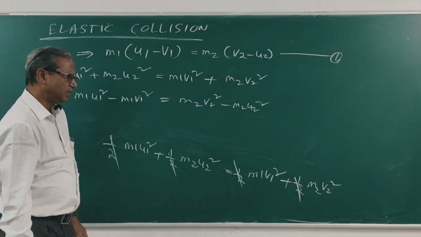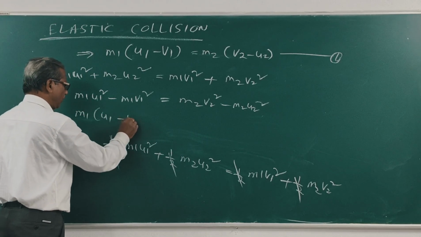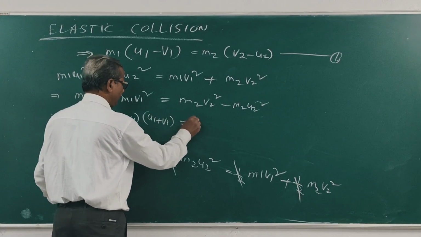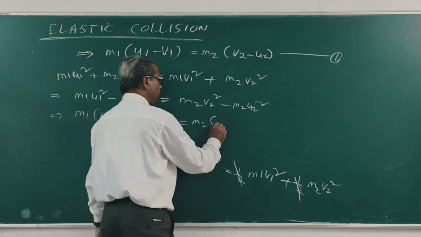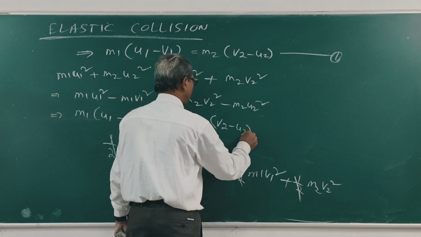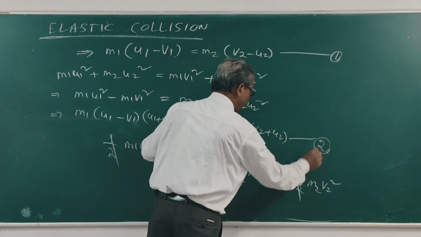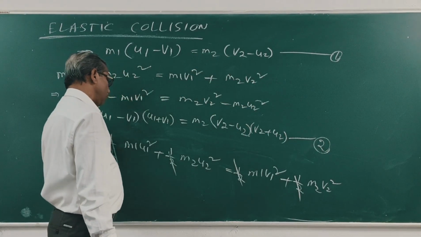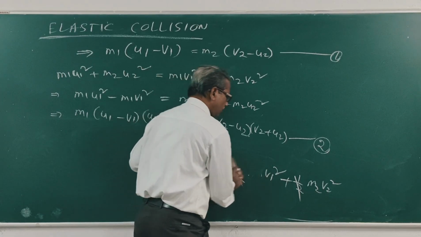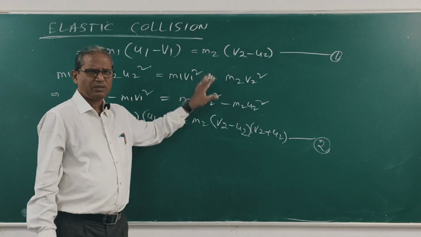Right? This implies m1 into (u1 minus v1) into (u1 plus v1) is equal to m2 into (v2 minus u2) into (v2 plus u2). This is equation 2. Now this is equation 1, this is equation 2.